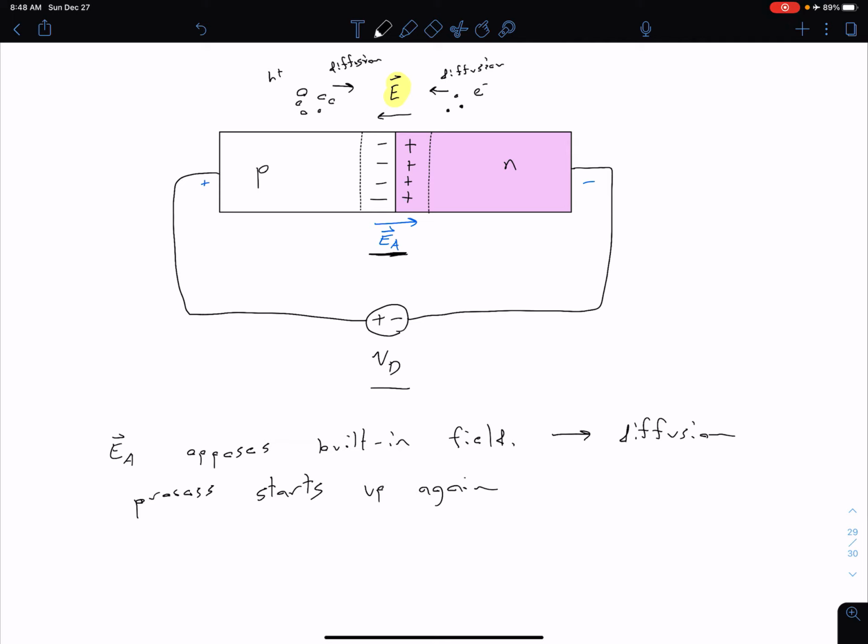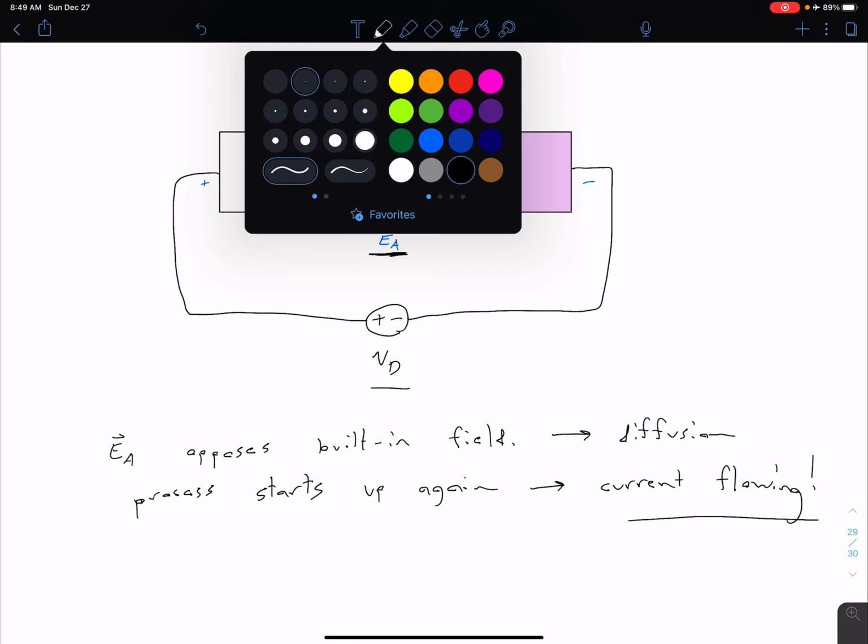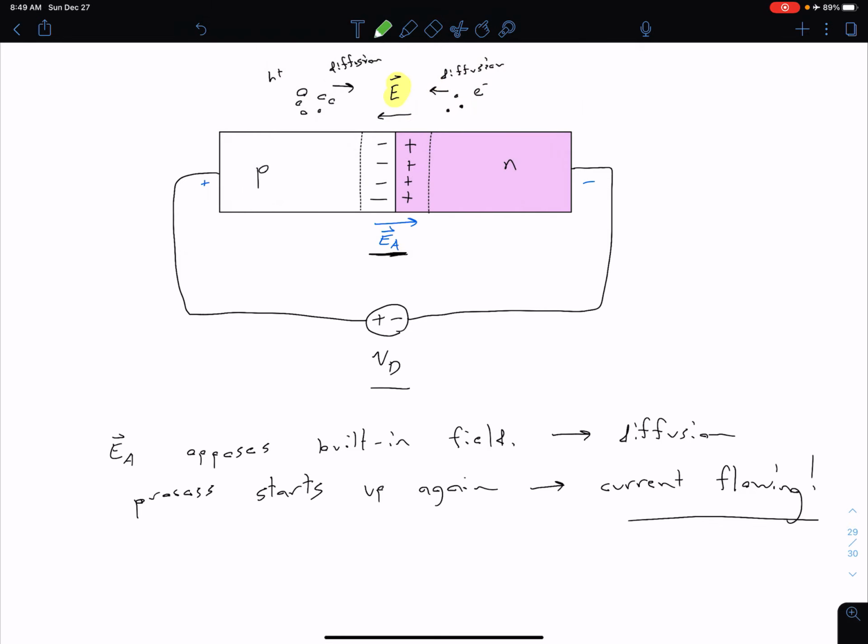Because we have charge moving, ultimately that means we have current flowing. Whether we're looking at hole or electron movement, both correspond to the same direction of current, from left to right, and we can call this current I sub D.